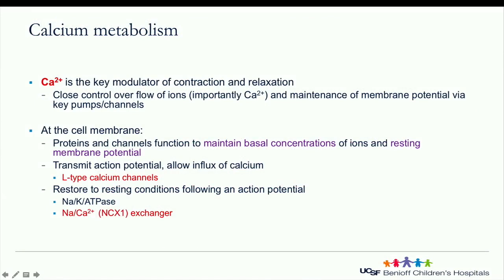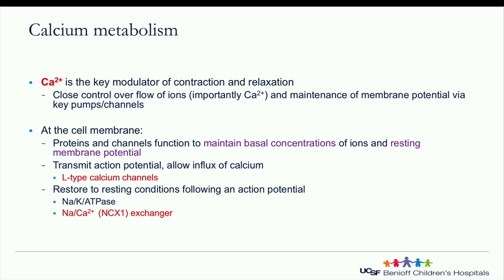And the cycle of contraction and relaxation in the myocyte is modulated by changes in intracellular calcium, which is tightly controlled. And this is going to occur at two key locations. The first is the cell membrane, where the cardiac action potential is translated into important intracellular events. At the cell membrane, under resting conditions, there are many pumps and channels that maintain the resting potential and ion concentration, specifically calcium.